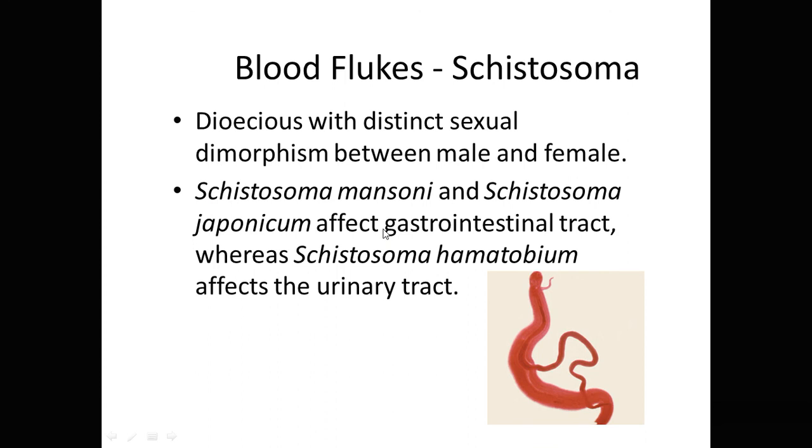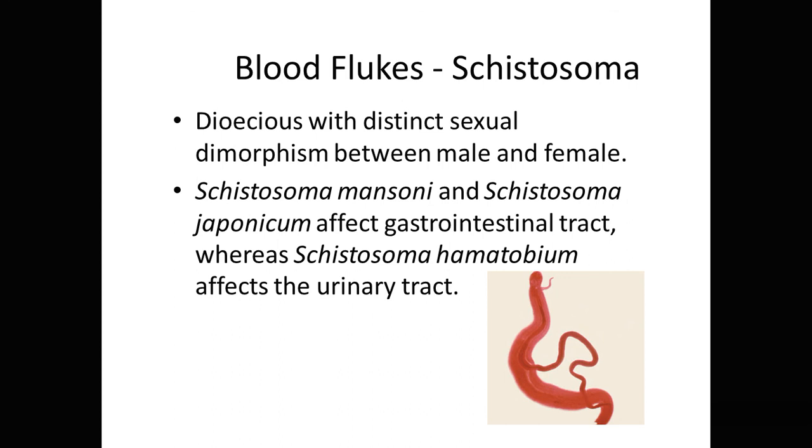Blood flukes, schistosoma. The majority of flukes are hermaphroditic, but schistosoma are exceptions. They show sexual dimorphism. We have separate male and female schistosomas, and we have different species.